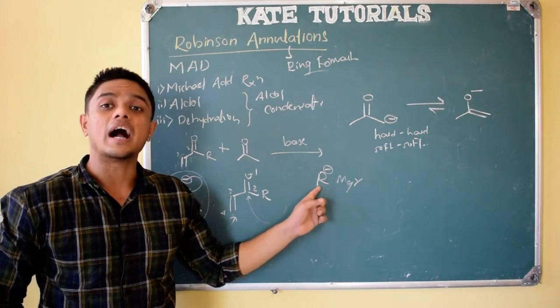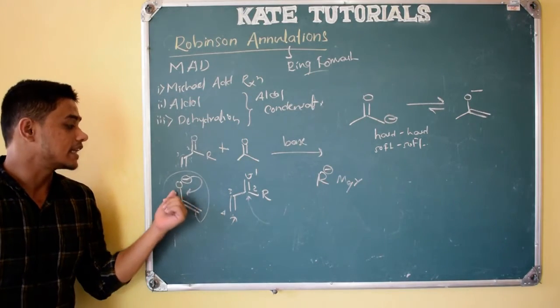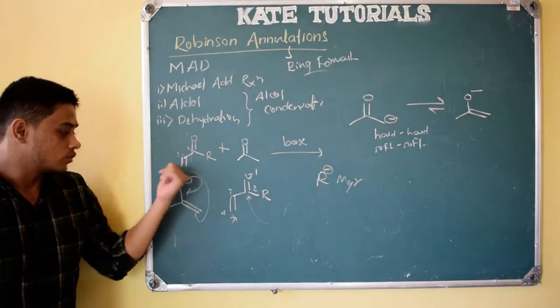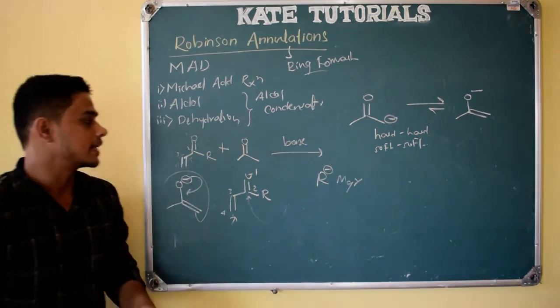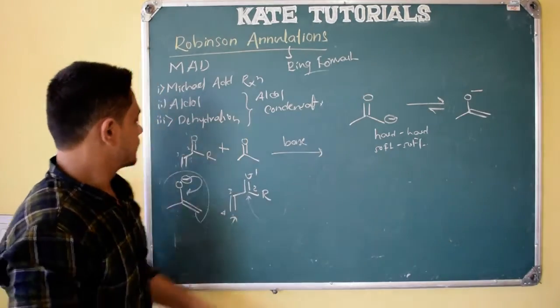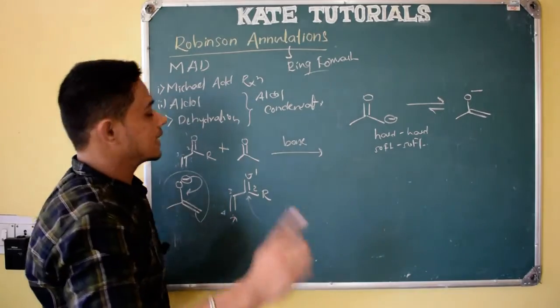So these are called hard nucleophiles. Whereas here this carbon's negative charge is stabilized by oxygen, right? So whenever there is stabilization, those nucleophiles are called weak nucleophiles. That thing you should remember. So the weak nucleophile will attack the fourth position. So this is nothing but the Michael addition reaction.